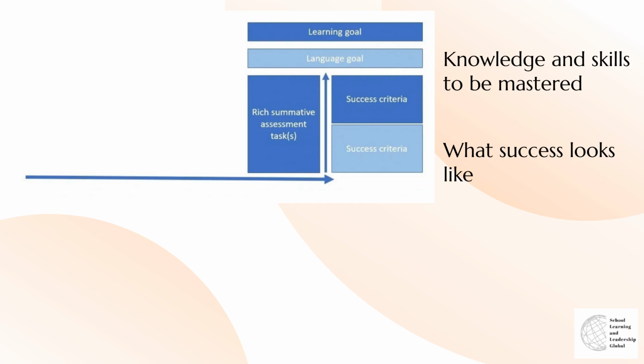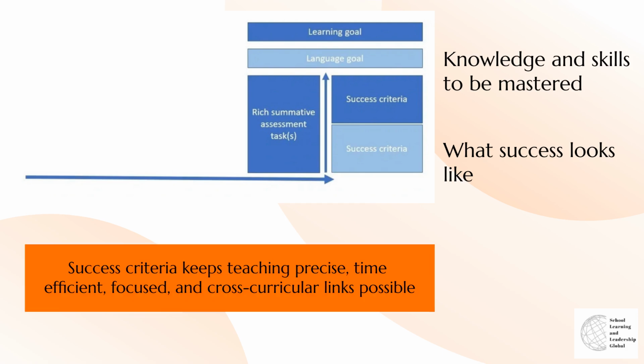In practice, each lesson targets a few criteria. We model clearly, provide worked examples, then give students structured practice and chances to self-assess. This keeps teaching precise, time-efficient, and focused on what matters most, while also opening the door to cross-curricular links where teams align criteria and share responsibility for student achievement.